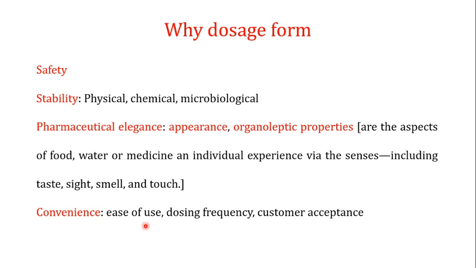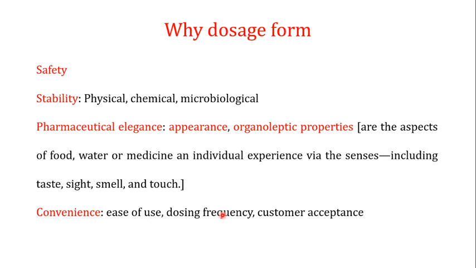Like ease of use, for example, if the active drug is in very low quantity, like 10 milligram, you cannot handle 10 milligram very easily. But when you add these excipients that give it bulk, like in the form of a capsule and tablet, you can use that with very much convenience.